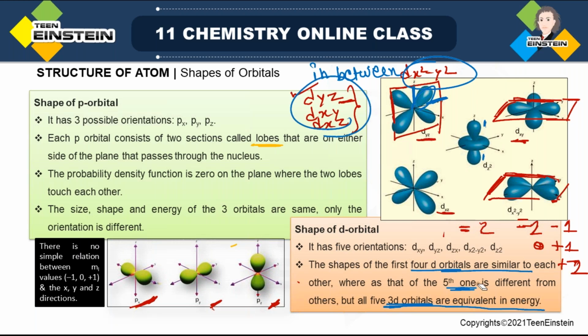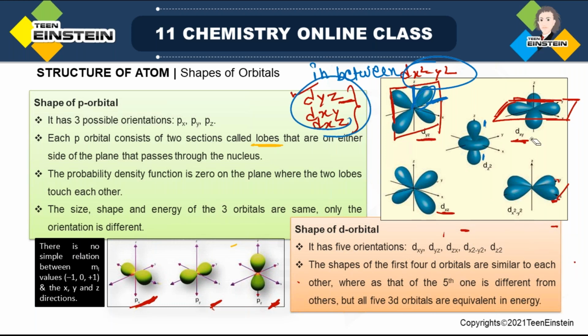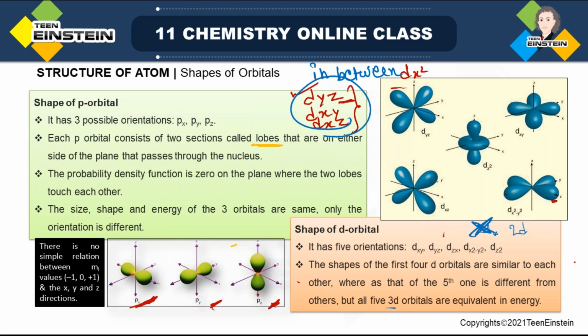And if you are wondering why it is mentioned 3d, that is because it is the first d orbital possible. You cannot have 1d or 2d. 1s is possible, 2s is possible. Similarly, 1p is not possible, only 2p is possible. Why are these not possible?